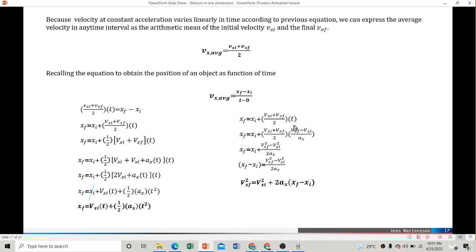Then by combining these equations, it becomes vxf squared minus vxi squared over 2ax. Some terms cancel out when using the special product.